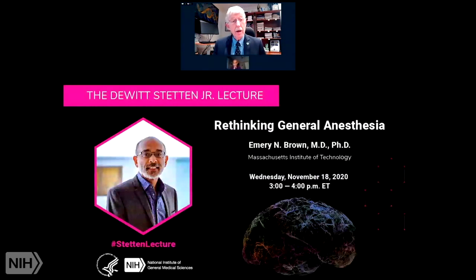Let me just say a quick word about this particular lecture, which is named for DeWitt Stetten, Jr. This lecture was established in 1982, almost 40 years ago, to honor DeWitt Stetten. He was the third director of NIGMS and oversaw some very significant growth and development of that institute during his time.